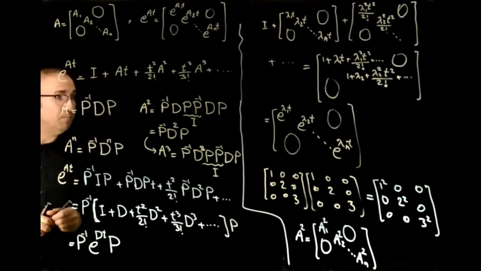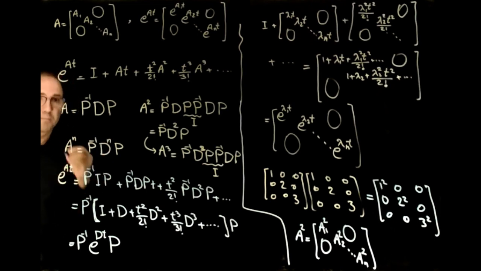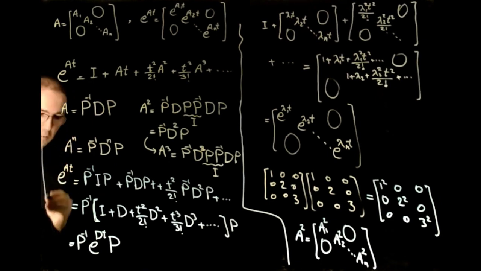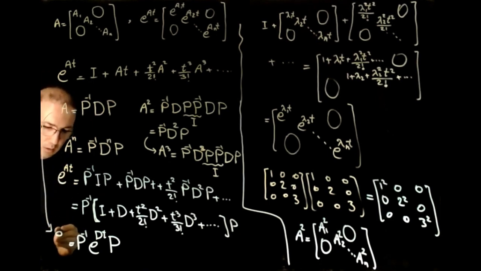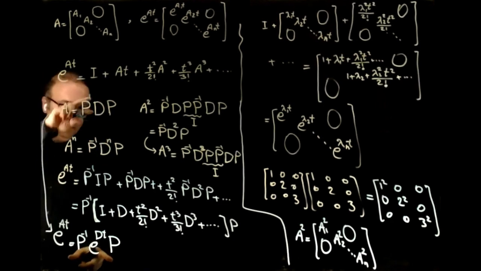So you see, if I write my A this way, then e to the power of At equals this. I just put e to the power of Dt here. See these two, compare these two.